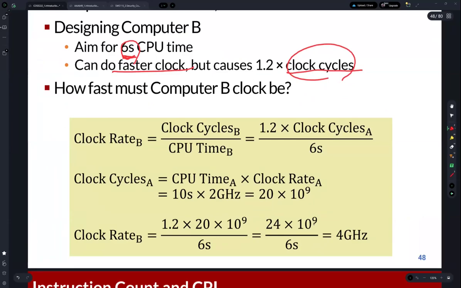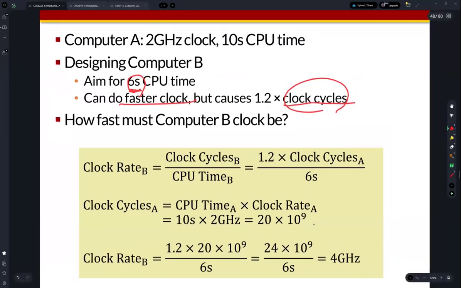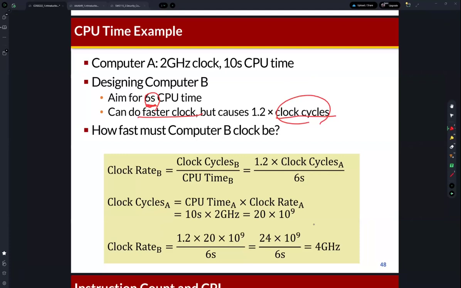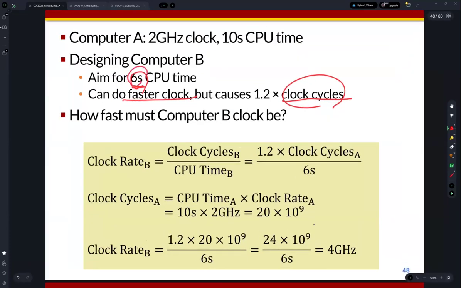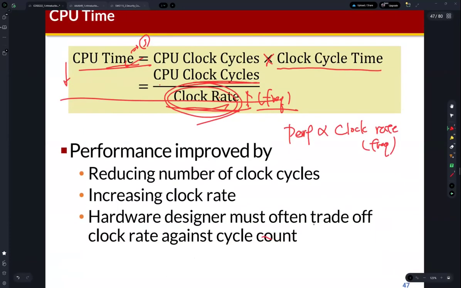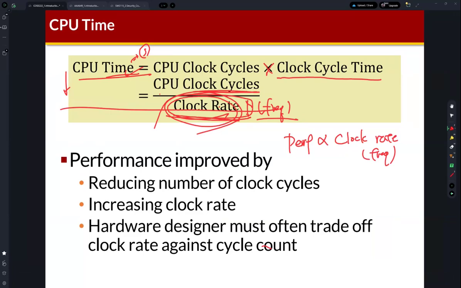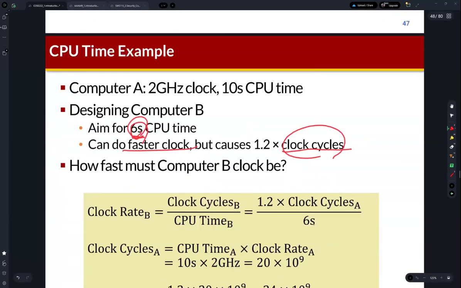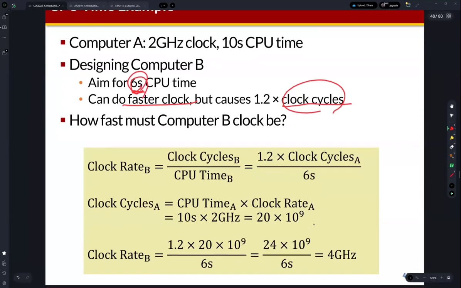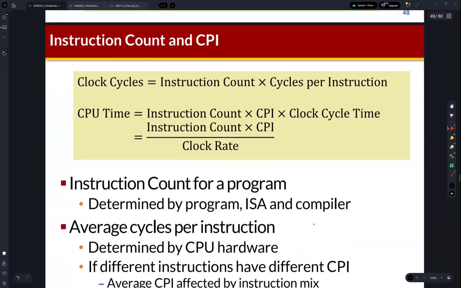So if we know the clock cycles of this application on computer B, and the CPU time is 6 seconds, then we can get the clock rate. Because this equation is very simple, we can just read this part. So we can make the problem like this, but it's very simple.